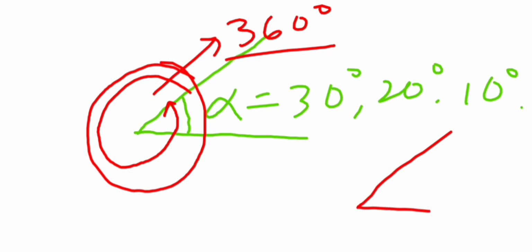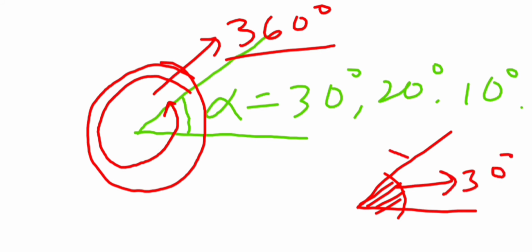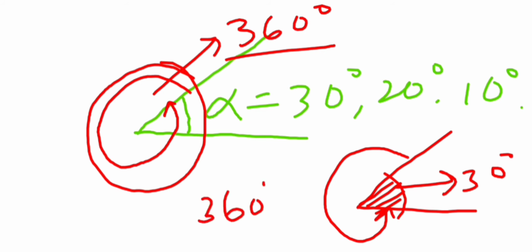So here, if this angle is 30 degree, then the rest of the total angle will be what? 360 degree minus 30 degree. That means 330 degree.